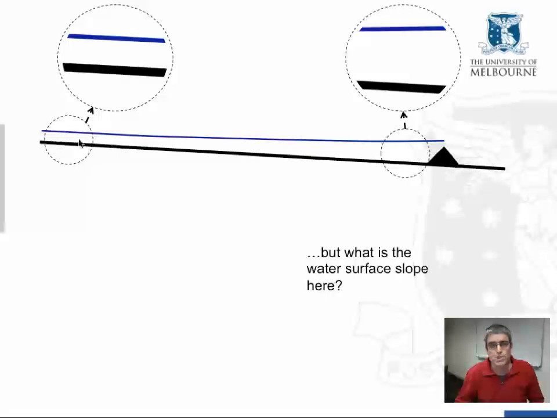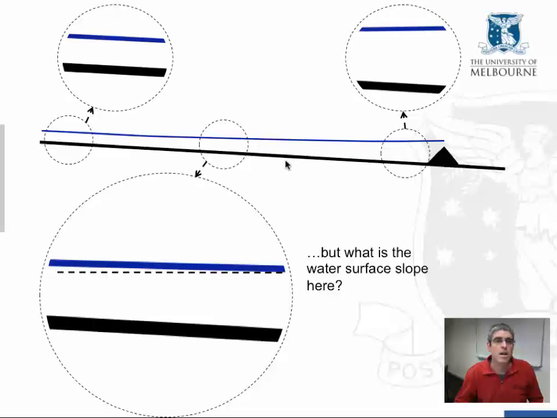However, along most of the channel the situation is gradually varied flow, and the water surface profile and water depths are controlled both by the level at the downstream control and by the flow resistance along the stream channel.